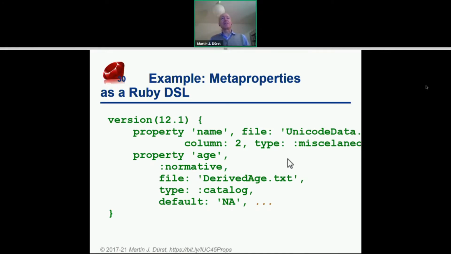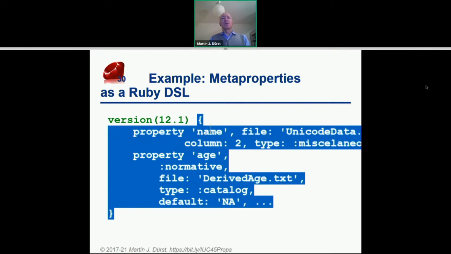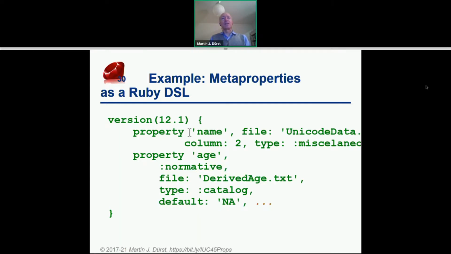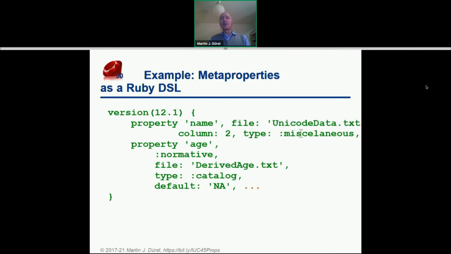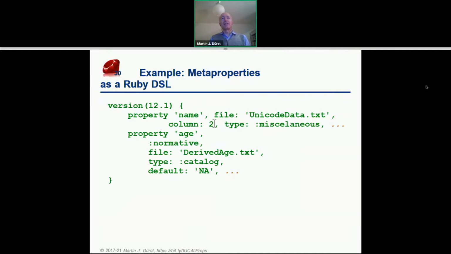Here are some examples. Here is an example of how to describe meta properties as a Ruby DSL. You say, for example, version 12.1, that would be a method call, and then in a block you give all kinds of information, like a property name that is in the file UnicodeData.txt, in column 2, the type is miscellaneous, and so on.